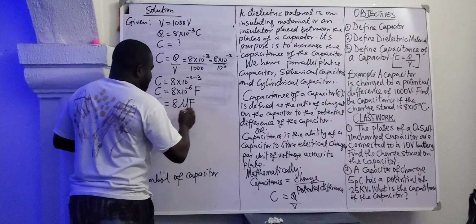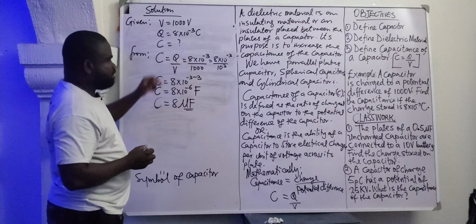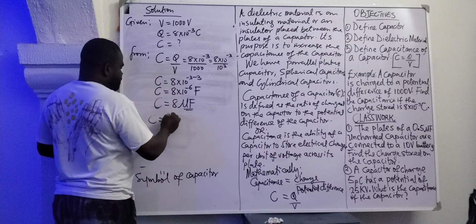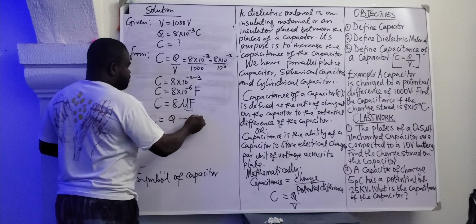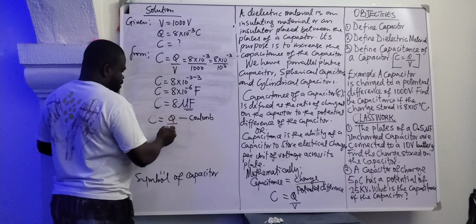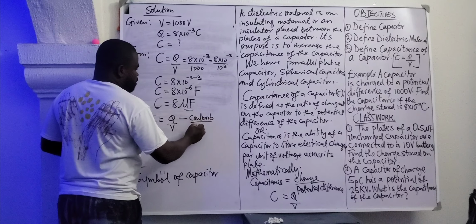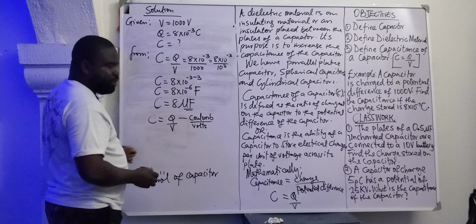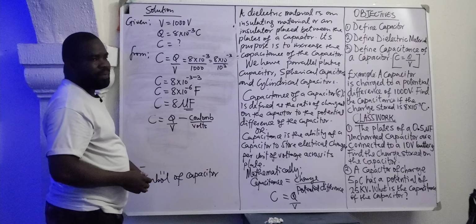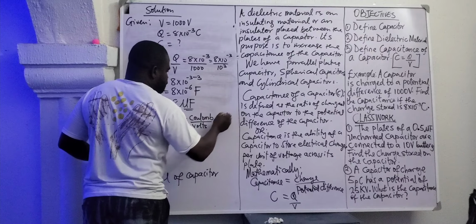Good. So I want to make a point here as well. From this formula, we see that if we take the unit of charge as coulomb, and we take the unit of potential difference or voltage as volt, then we can obtain a derived unit for what? Capacitance, which in this case will be what? Coulomb per volt.